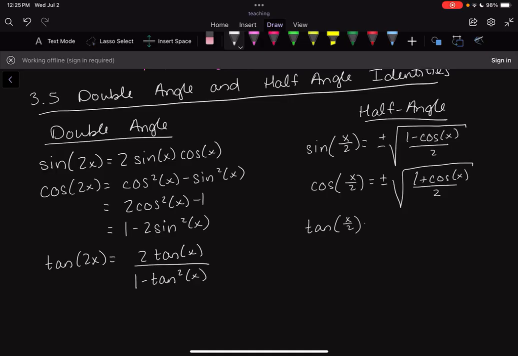And then tangent half angle actually has some options as well. So I'm going to write those 3 for you. Now, which one you would choose really just depends on the situation. It depends on what you're trying to accomplish.